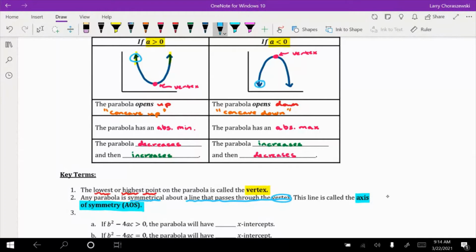I'm going to go to the first parabola, and I'm going to draw a dashed vertical line going through the vertex. That's what we mean by Axis of Symmetry. It splits the parabola up into two equal parts. And you can draw an axis of symmetry with the parabola that faces down as well.